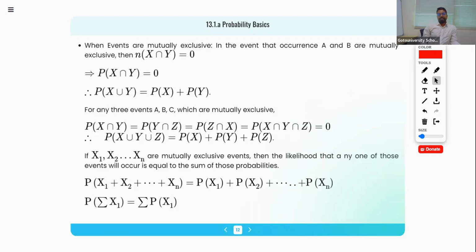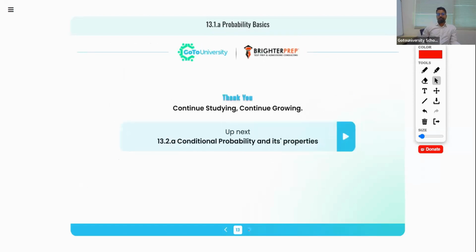Then P of X intersection Y is also 0. Then P of X union Y will be what? P of X plus P of Y. For any three events, if they are mutually exclusive, then all this will become 0, and P of X union Y union Z will be directly P of X plus P of Y plus P of Z.